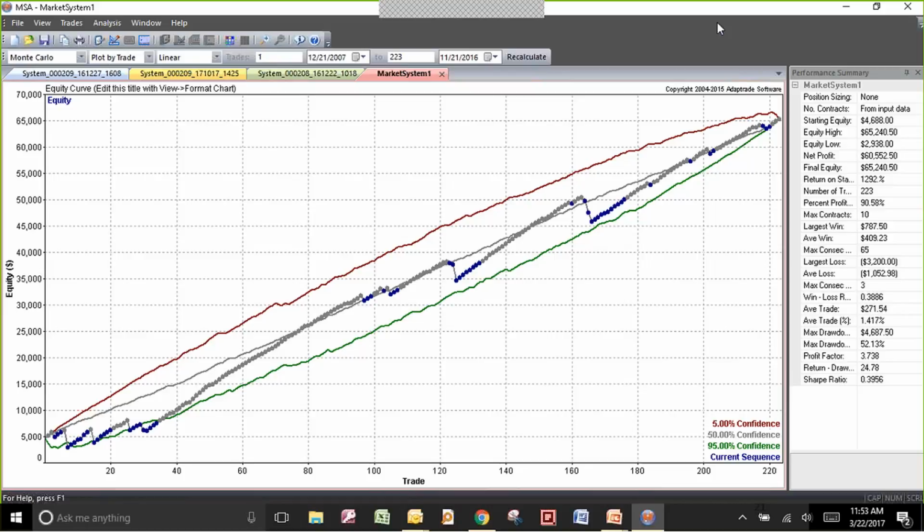So with a credit spread, I might want to try to capture a certain percent of profit within a certain number of trading days. And if I don't do that, then I will just move out of the trade. I'll just close the trade and go on to the next one.